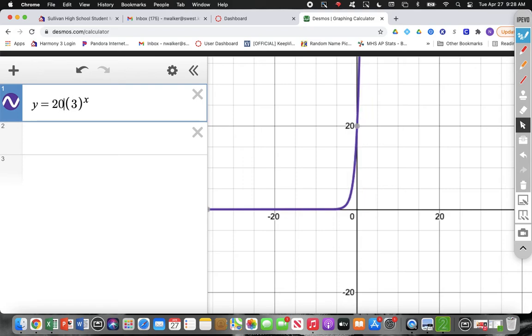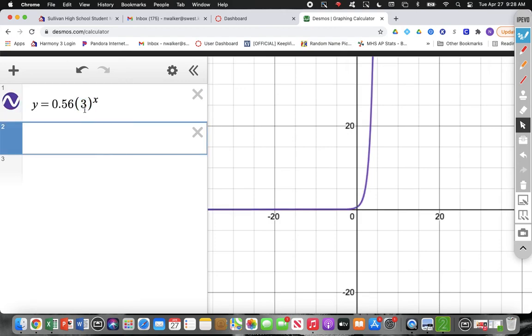When I put a 20 there, it's really growing. Now, if I even put small numbers in, if you can see, whenever I have this base of 3, when my base is bigger than 1, it's growth.